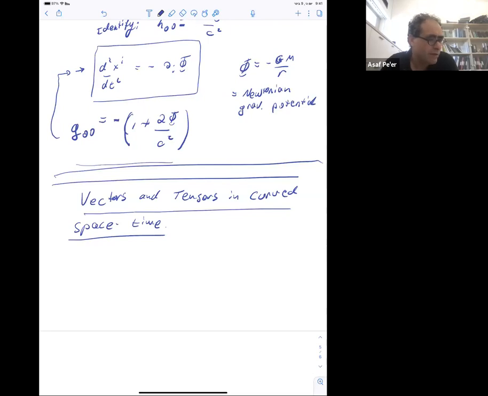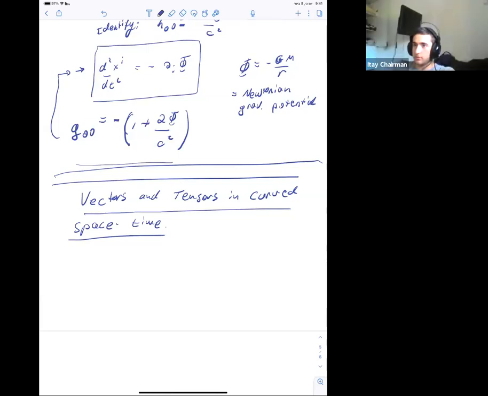We argued that the trajectory of a free particle... the presence of gravity causes the space-time to be curved rather than flat, Euclidean. And then the first question, which we already addressed, was, okay, so how do we describe the motion of particles in this curved space-time? And we answered it. What is the answer?